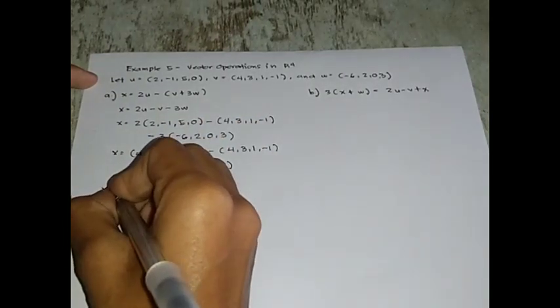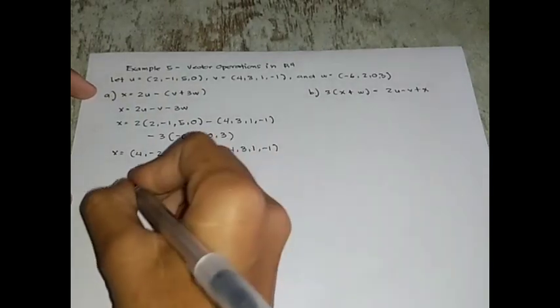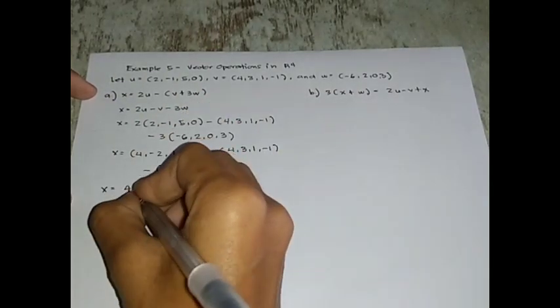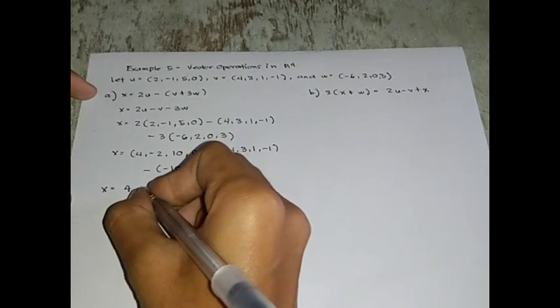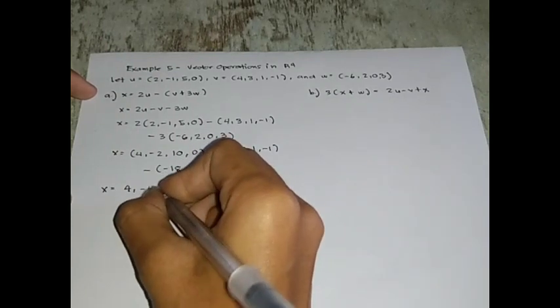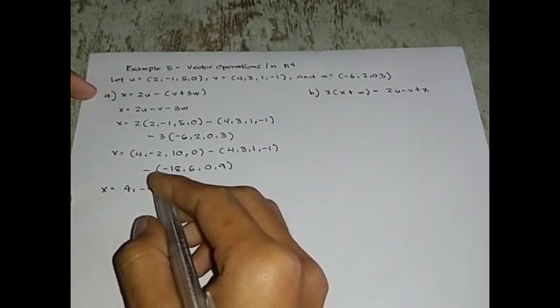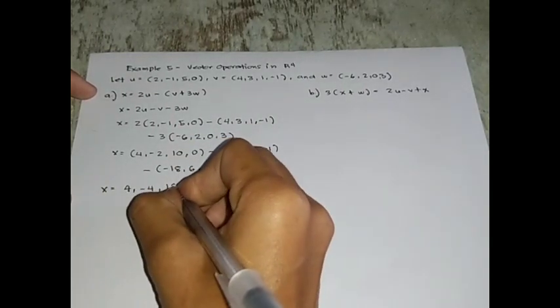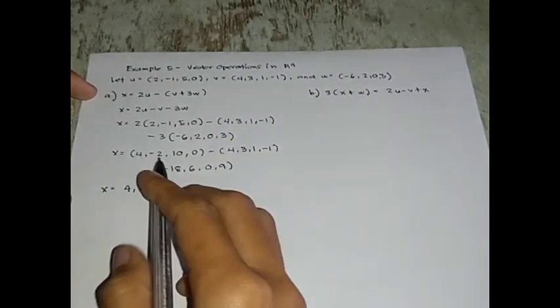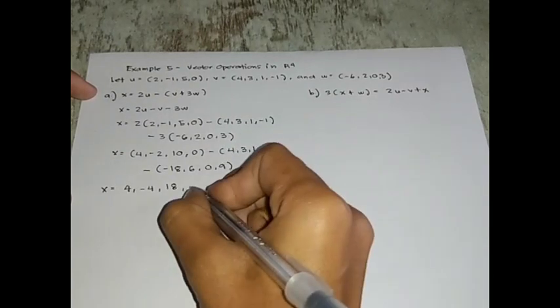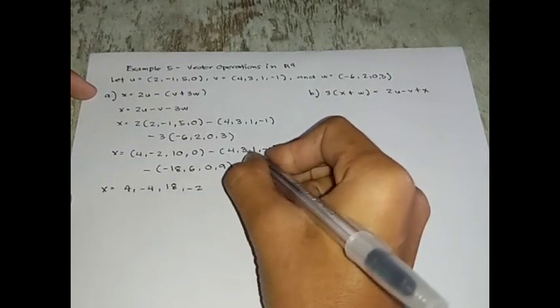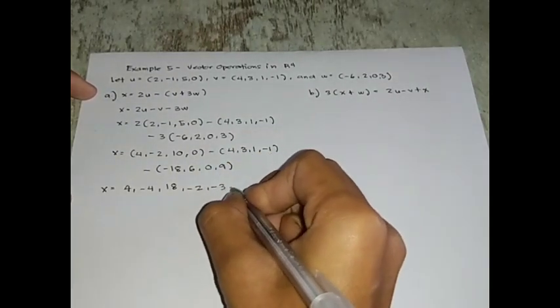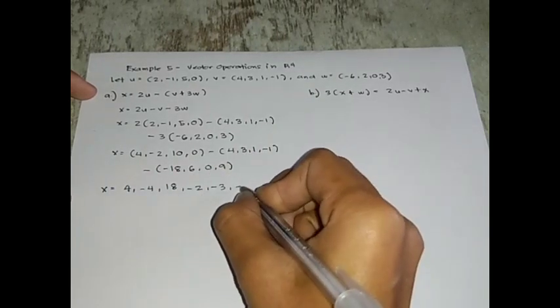Then x is equal to 4, then negative 4, and positive 18. Then this will be negative 2, negative 3, and negative 6.